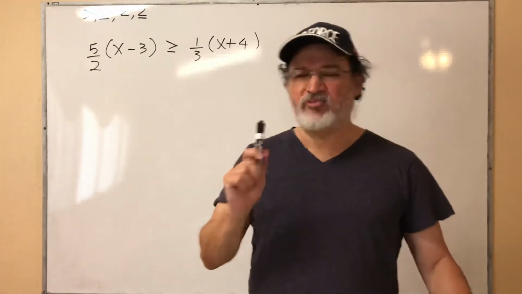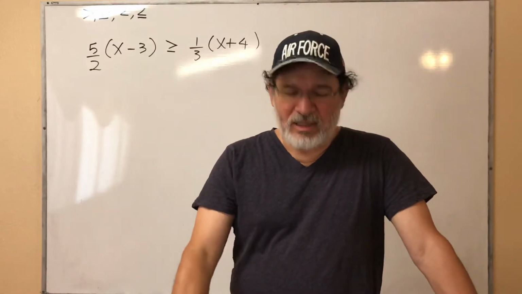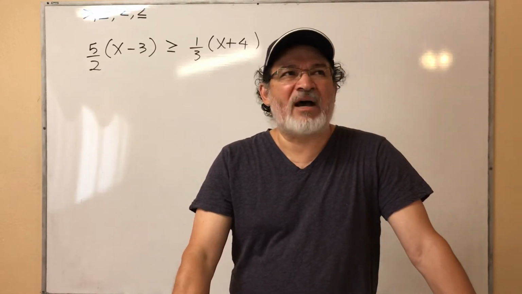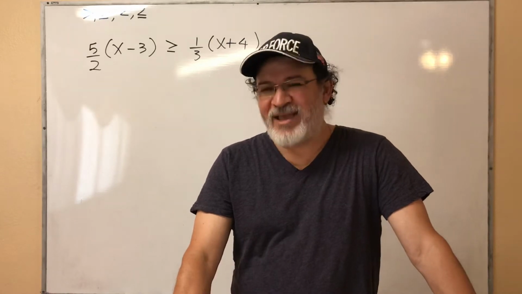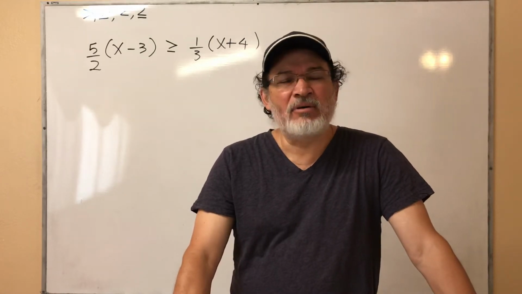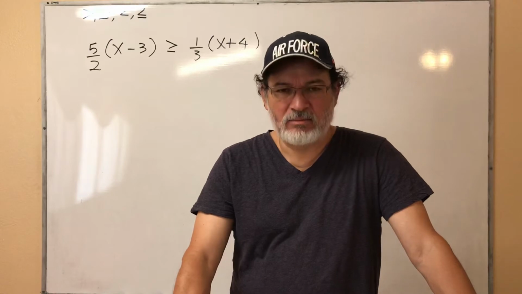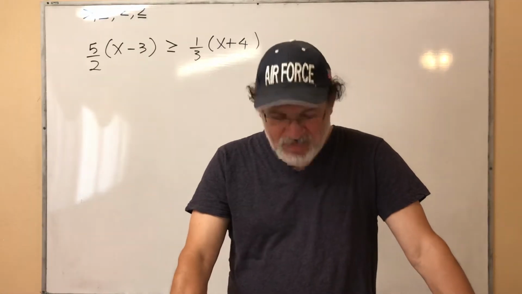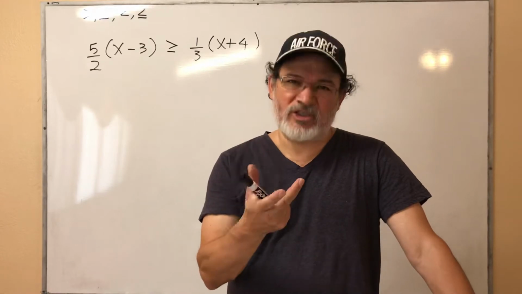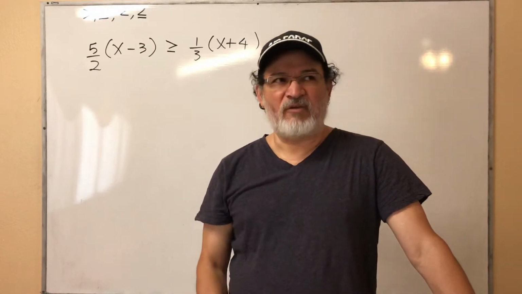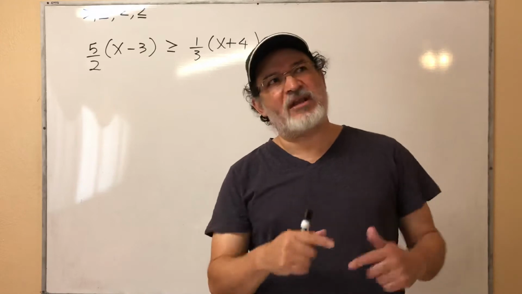One thing we must remember is that whenever we divide or multiply an inequality by a negative, the symbol reverses. The inequality symbol gets switched. If it was greater than, it becomes less than.